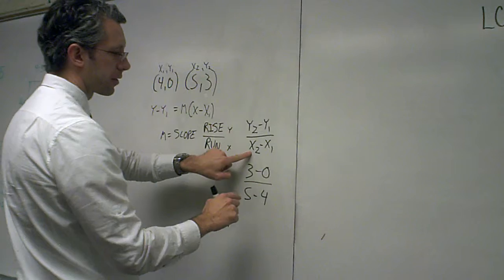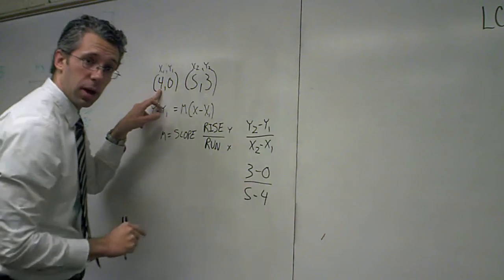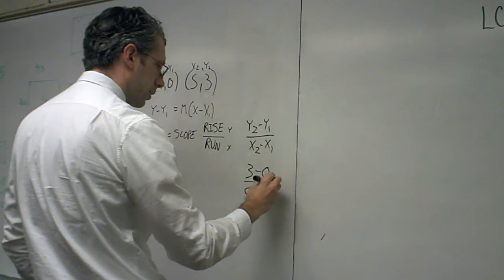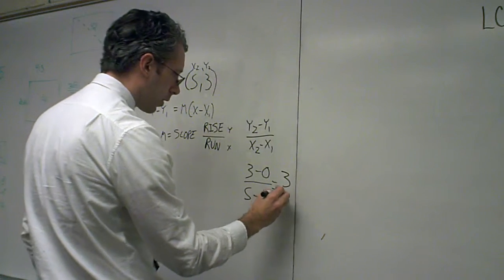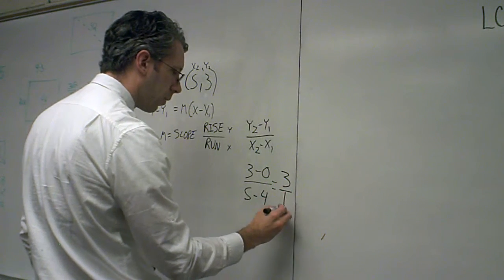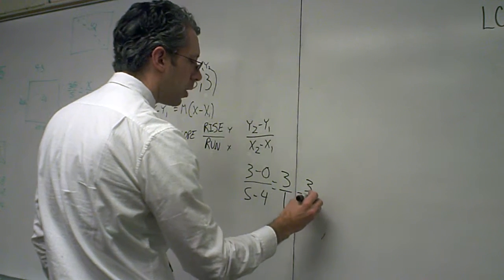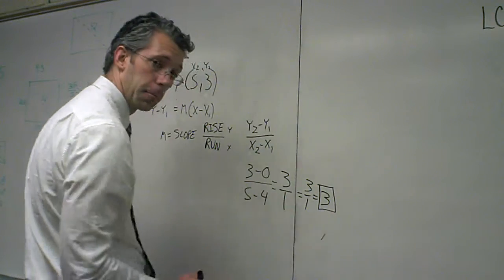So that's x2 minus x1. So now, time to turn this into a real slope. That's going to be 3 minus 0 is 3, over 5 minus 4 is 1. So our slope is equal to 3 over 1, which is the same as just plain old 3.